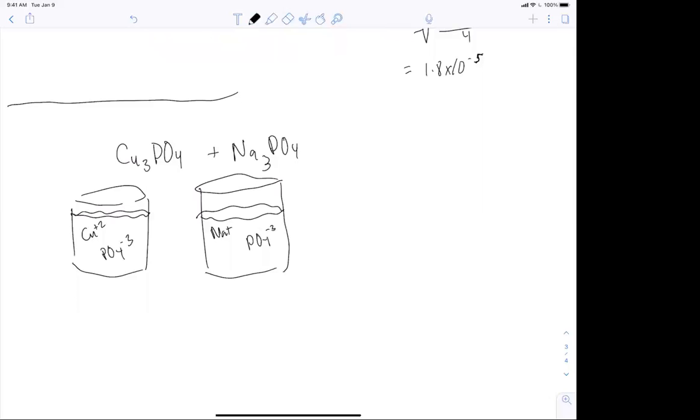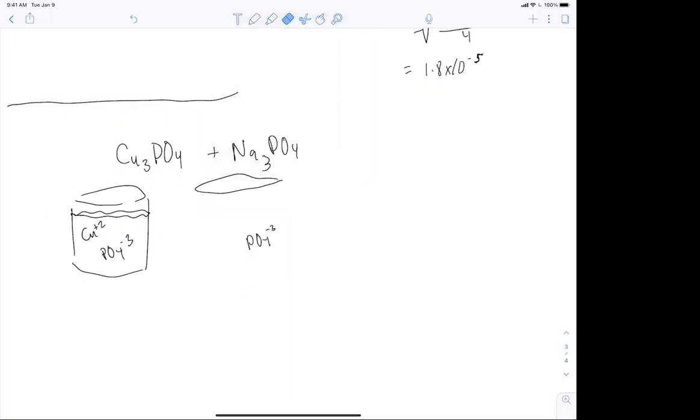I'm trying to think of the concentration, because you have to account for the fact that the concentration of copper is going to go down, but your phosphate's going to go up. Oh, no, okay, I'm sorry, I'm misunderstanding the question. I thought you had two solutions.